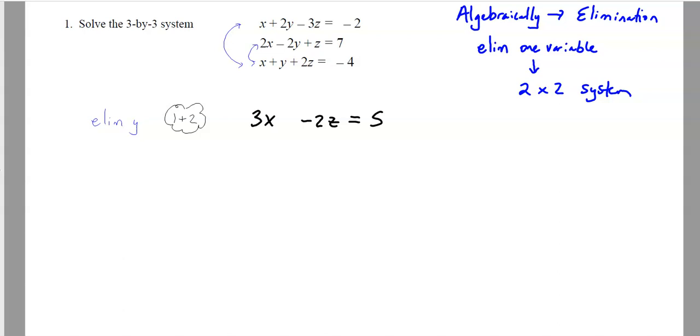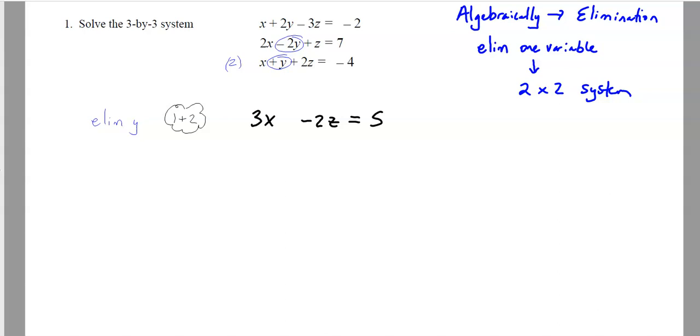Well, unfortunately, I don't have any opposites. When I look at 1 and 3, I don't have them yet, so there's nothing easy there. When I look at 2 and 3, I don't see anything easy there. So it looks like I'm going to have to multiply a row before I combine. To get some opposites, I think I'm going to multiply this bottom row by a +2, and that'll give me some opposites.